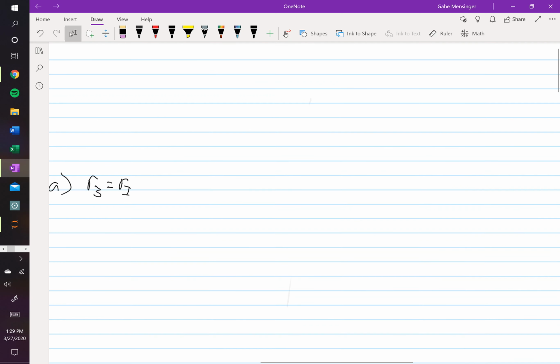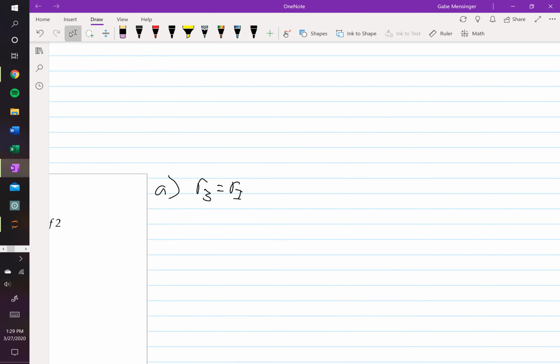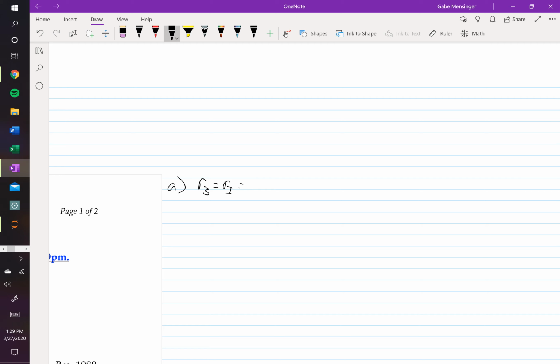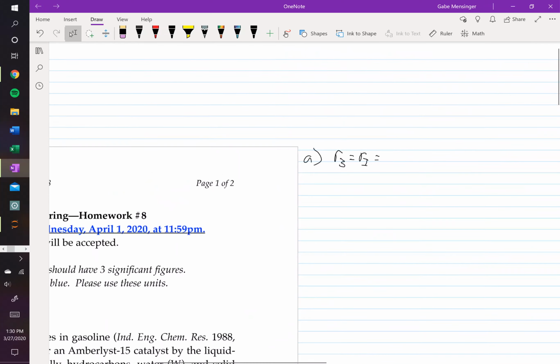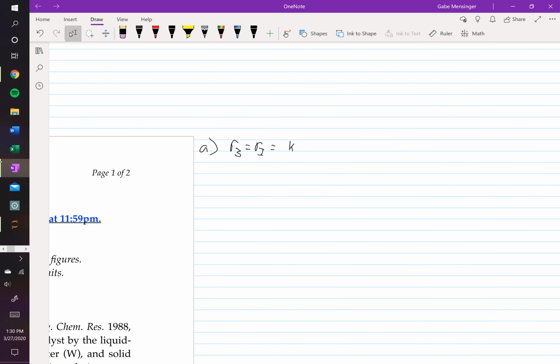Looking just at the reaction itself, we can write out the expression: the forward reaction times the concentration of WS times the concentration of IS, minus the reverse reaction times S. And because each side has 2 surface species, we need to divide by CT on both sides.